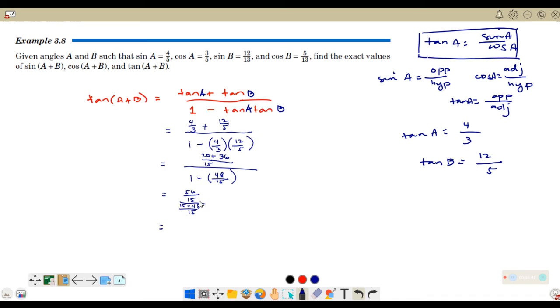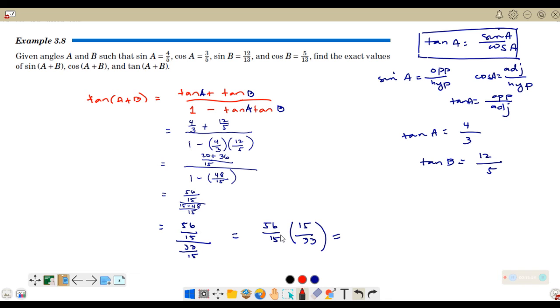Okay, so let's write here 56 over 15 divided by 33 over 15. So, using our rules in fraction, we can change the operation 56 over 15 divided by 33 over 15 to multiplication by multiplying it with the reciprocal. So, 15 over 33.